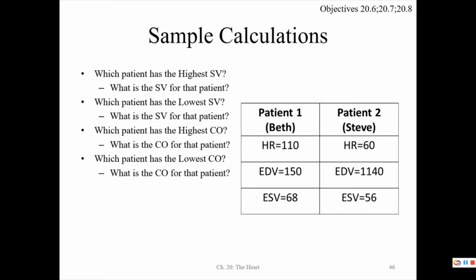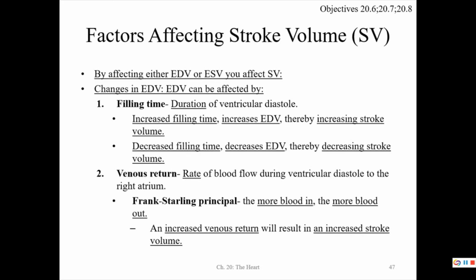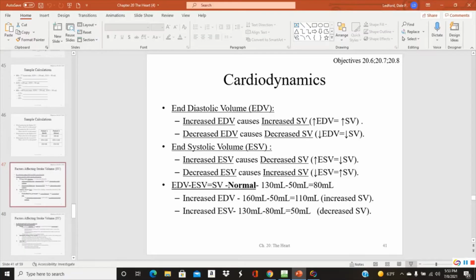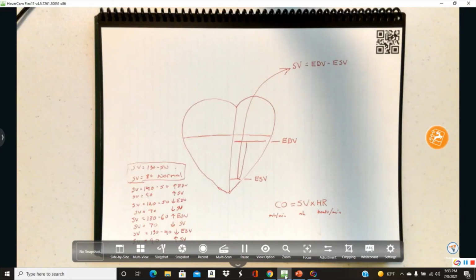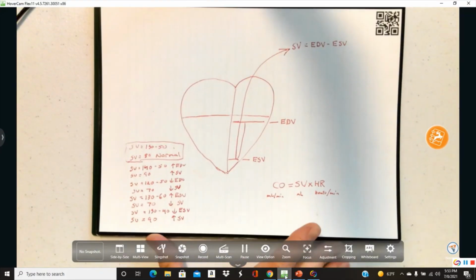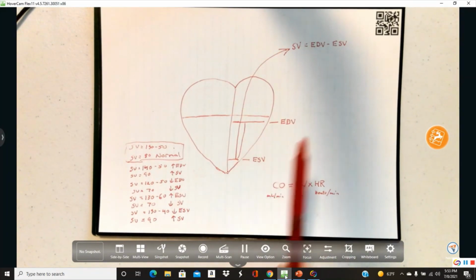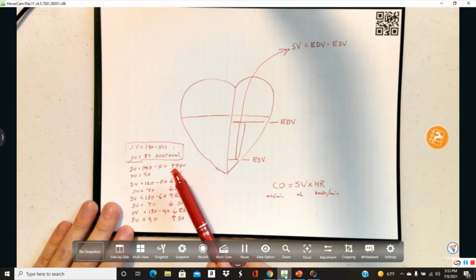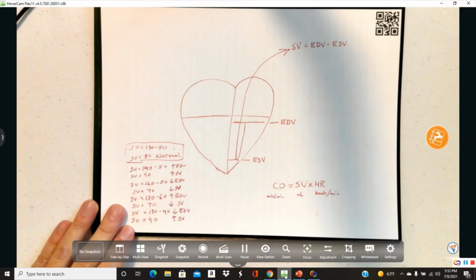Okay. Now, let's talk about the last and one of the most complex things we do, the factors that can influence our stroke volume. Now, stroke volume, we know with this drawing right here that if I want to influence stroke volume, I can change EDV and I can change ESV.